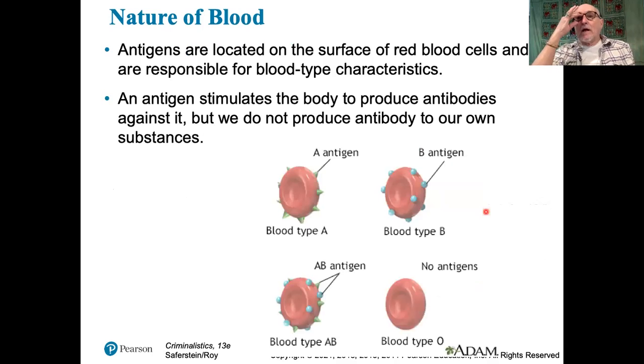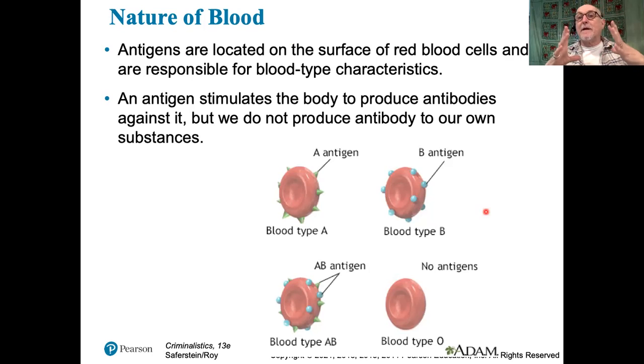Okay, so all of the features of blood grouping are associated with characters of the erythrocytes, of the red blood corpuscles. So the red blood corpuscles, around the outside of the corpuscle, they have a membrane. And that is the membrane which defines the cell itself.